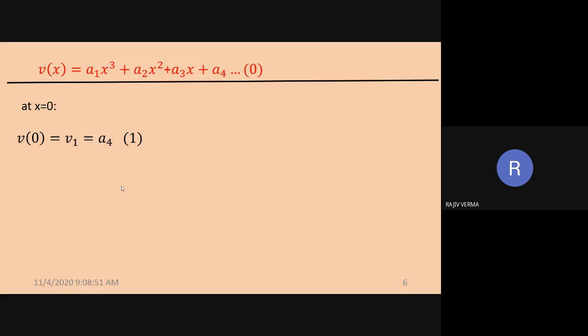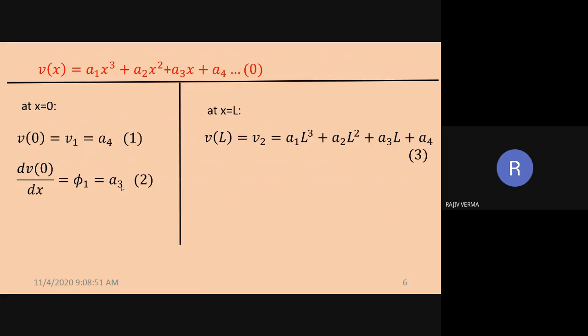Similarly, we are going to differentiate equation 0 and substitute x equal to 0 in the resulting equation to give equation number 2, which relates the angular deformation at node 1 to A3. Now, similar expressions can be obtained for x equal to L, that is the right end, to get equation number 3 and equation number 4.